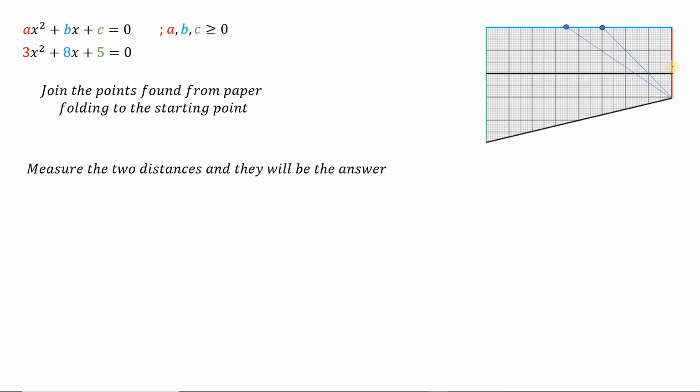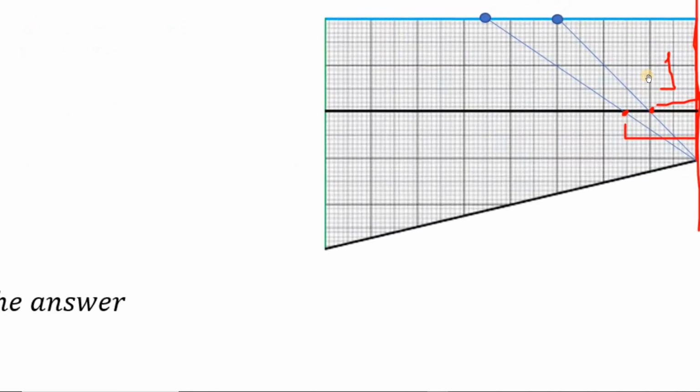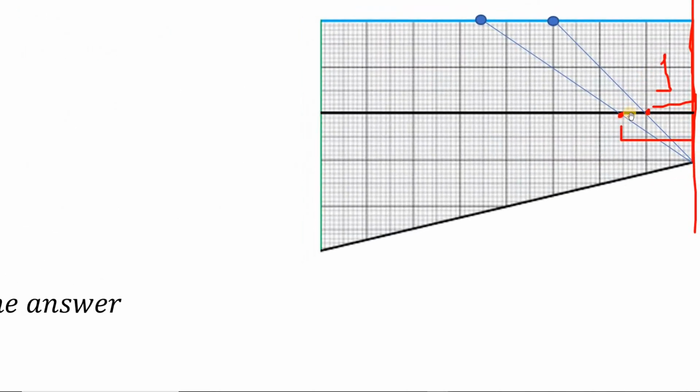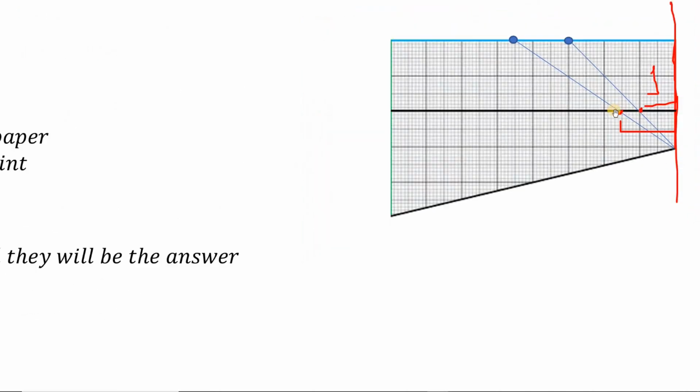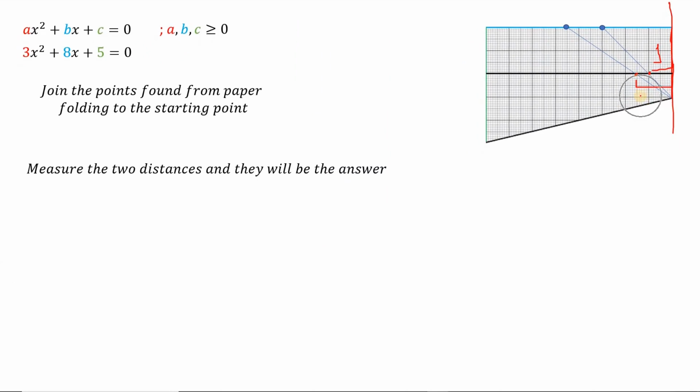To measure the distance, you measure the distance from this red line straight to this point. So this will be 1 unit, and you also measure the distance from this point to this point, which you can clearly see is greater than 1.5, so it's almost 1.7 units.